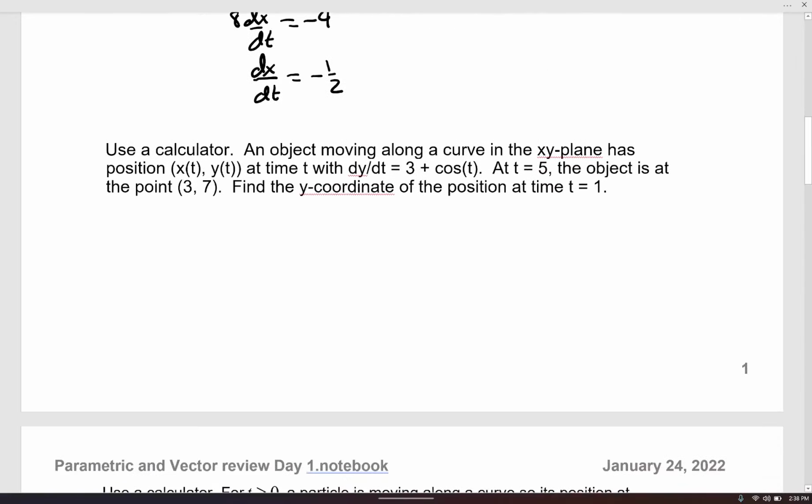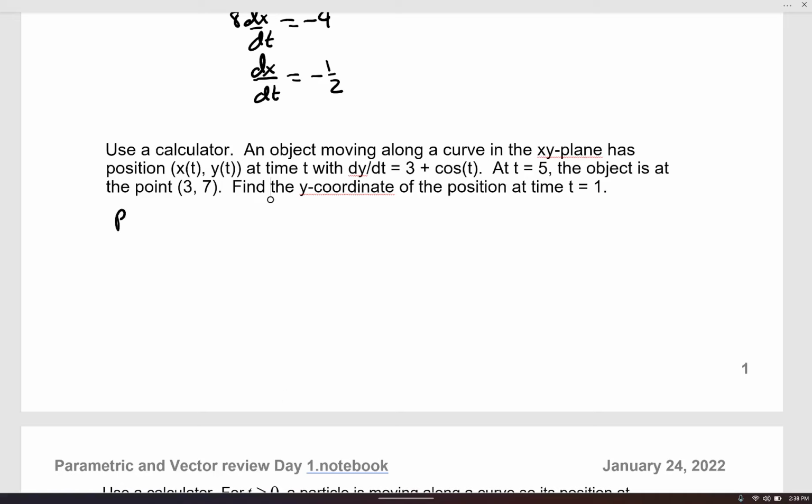Use a calculator. An object moving along a curve in the xy plane has position x(t), y(t). At time t with dy/dt as that, at t equals 5, the object is at the point (3, 7). Find the y coordinate of the position at time t equals 1.